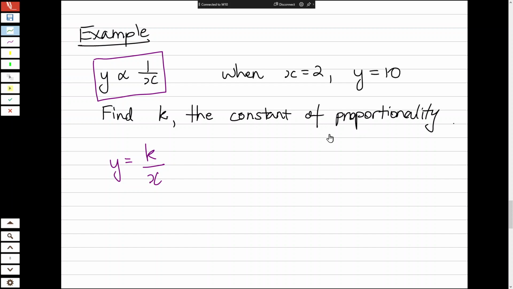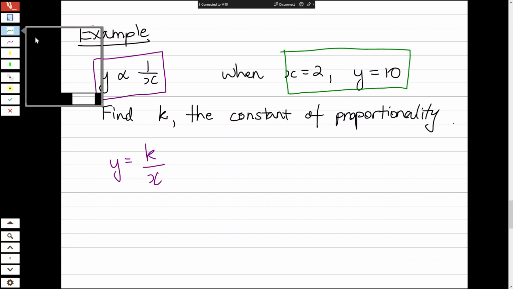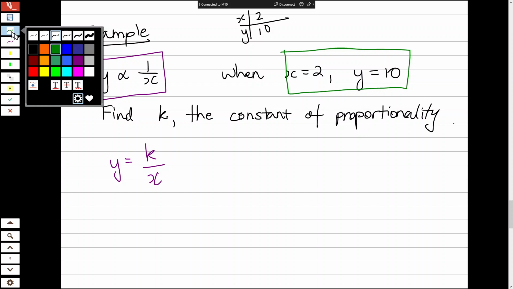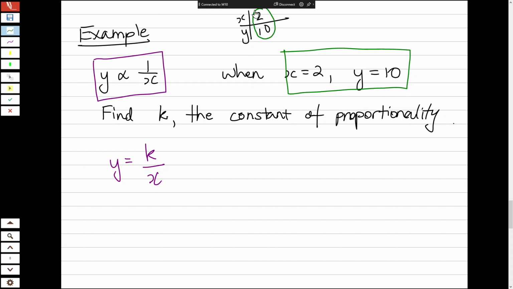The other piece of information I've given you is the coordinates, a pair of values in the table. If I draw an imaginary table here, which you don't need to write, what I've actually given you is this: when x equals 2, y equals 10.